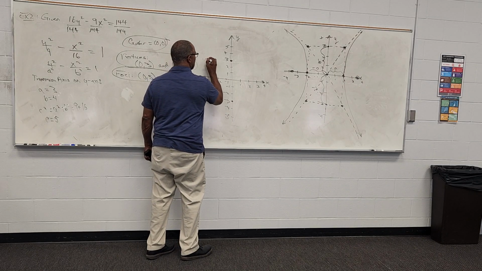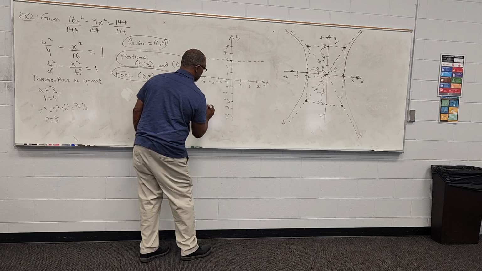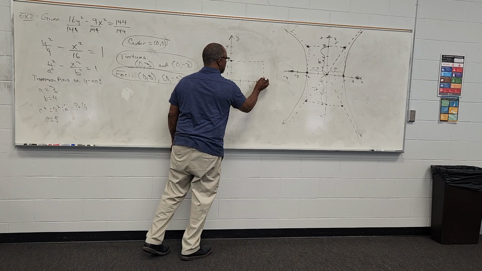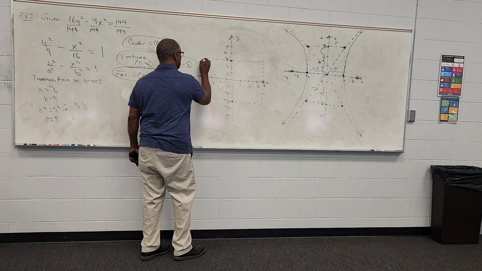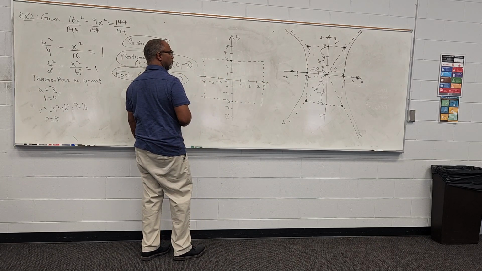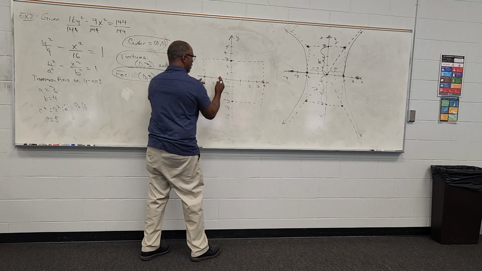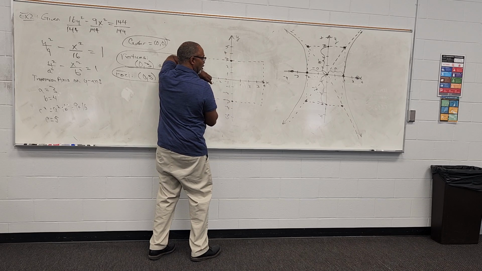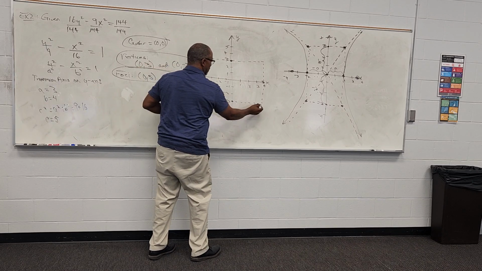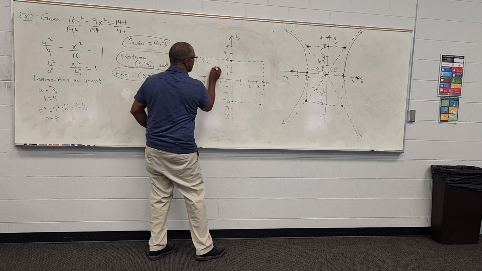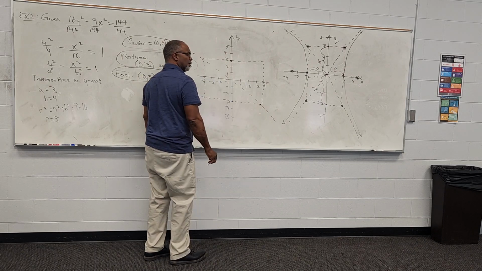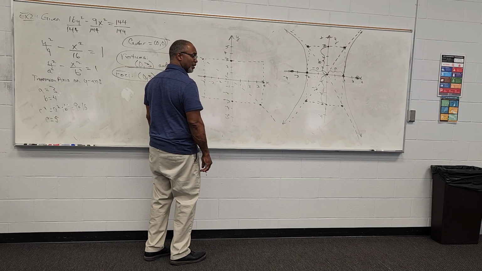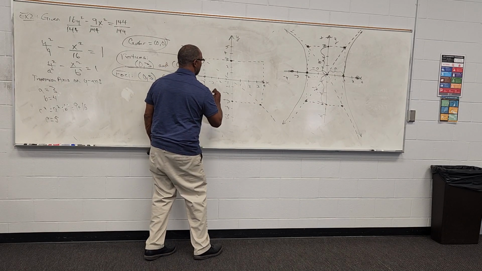So I draw a box. At negative 4, so the box would be 4 plus 4, 8 units wide, 3 plus 3, 6 units tall. Look at my opposite corners. Those help me draw my asymptotes. There'll be another asymptote here.